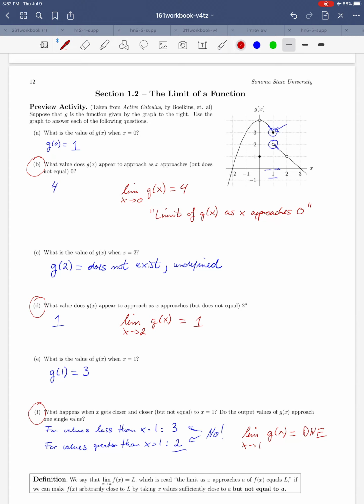We only care what happens to the function values as x approaches a value. So in our 3 example, x was approaching 0, 2, or 1, and we wanted to know what happens to the function values. And there were 3 different things that happened. We're going to look at more examples and try to get comfortable with this new notation and this new idea in the next few videos.